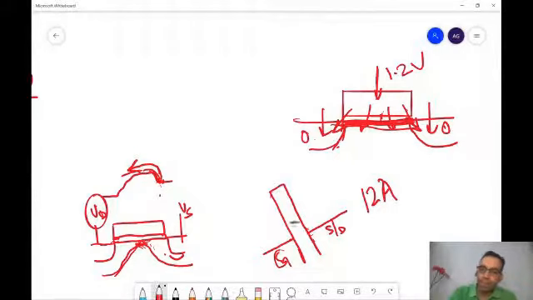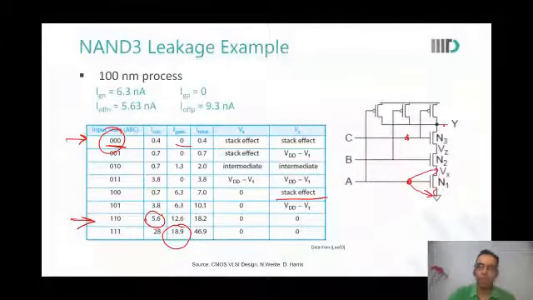The electrons simply tunnel. Despite there being a barrier, they don't really climb the barrier. They simply tunnel by Heisenberg's uncertainty principle, and you have some current flowing. That is why gate leakage would change depending on inputs.